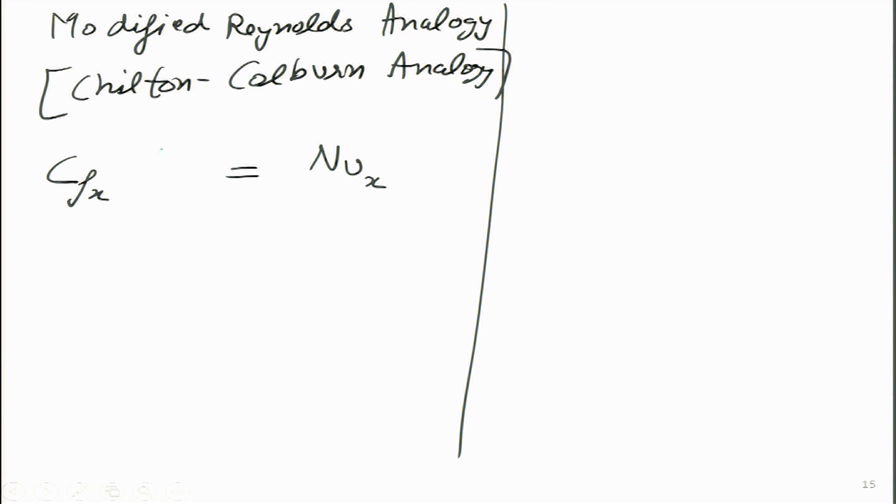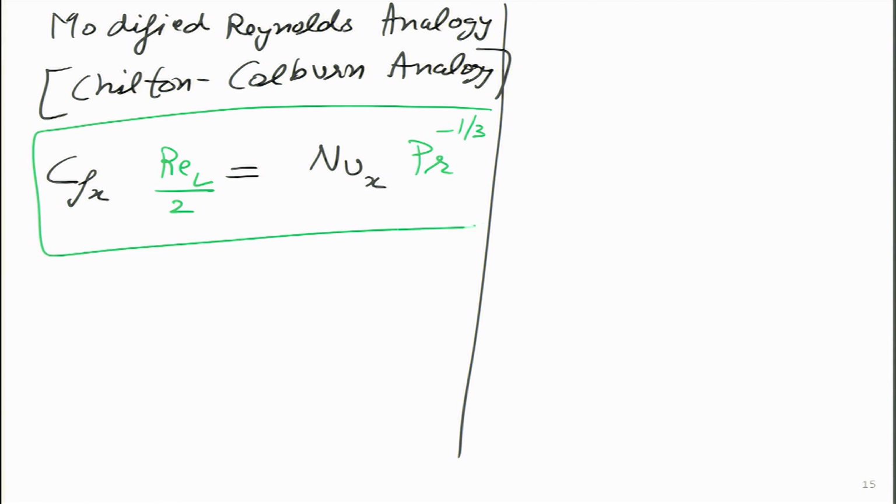So, constants I will write in Greek. This is just a constant REL by 2, and this is also constant over here, Prandtl to the power minus 1 by 3. That is it. So, on the left hand side, the family name I can keep is the momentum family. On the right hand side, I can give the family name as the heat family.